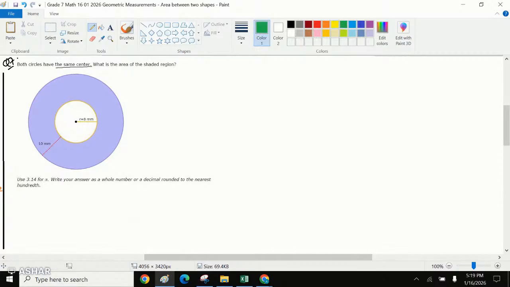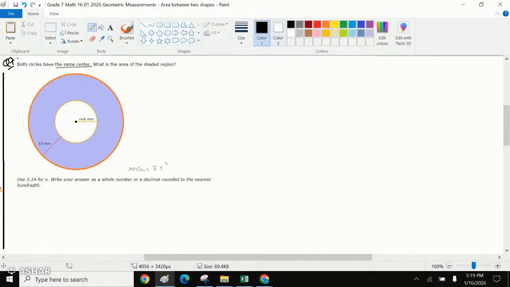So can we say that the area of the shaded region would be the area of the outer circle, the radius was given to us, minus the area of the inner circle. And we know the formula for area is pi r squared.